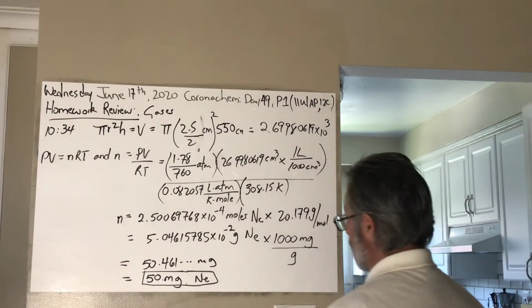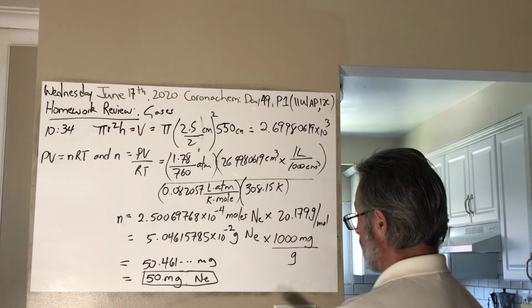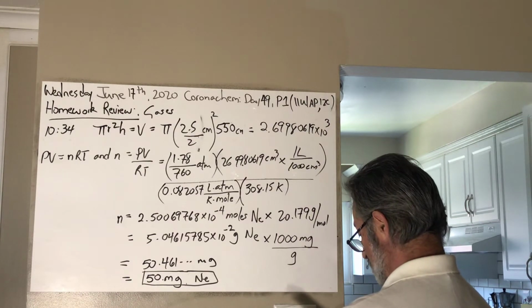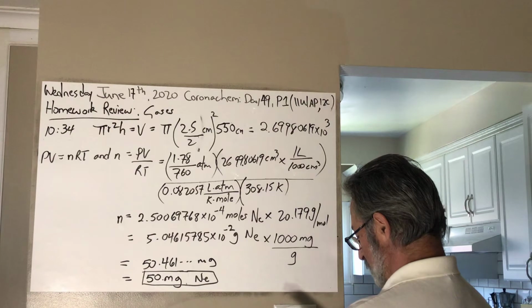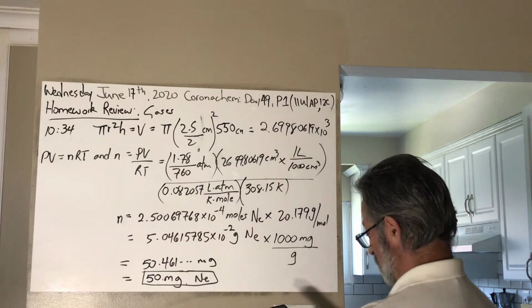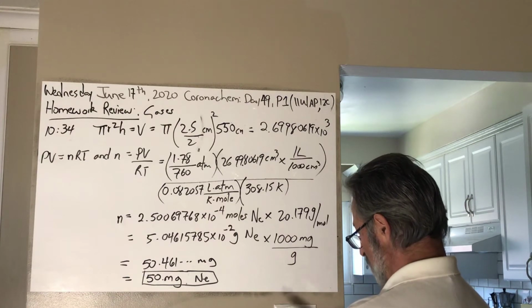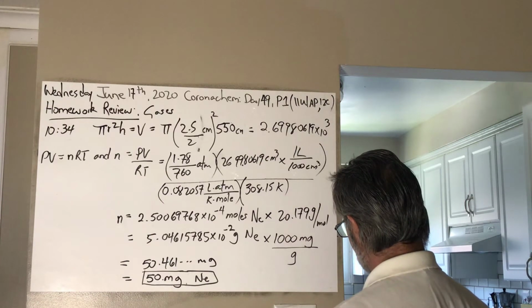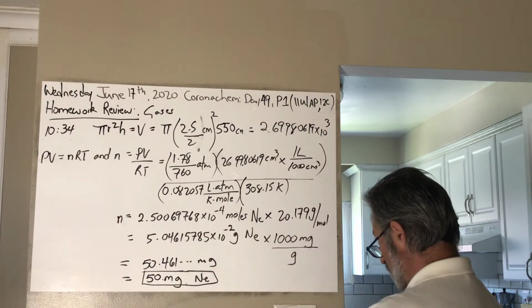Look at it again. 1.25 squared, times pi times 550 equals that, or 2,699.806 times 1.78 divided by 760 divided by 0.082057 divided by 308.15, all of that equals, oh, I forgot to divide by 1,000. And we get, yeah, so we get 10 to the negative 4 moles.